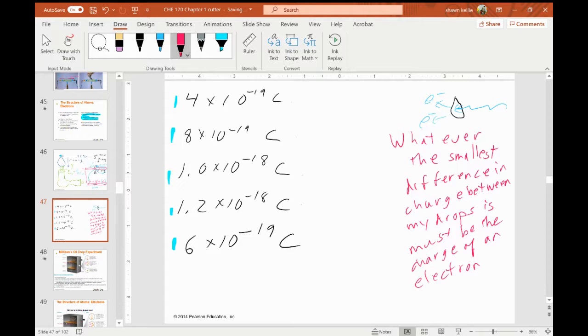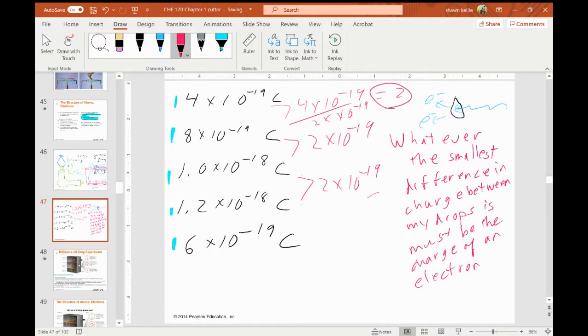So he went through this data set and he said, okay, let's see, 10 minus 8 is 2, so I've got 2 times 10 to the negative 19th there. Ooh, there's another 2 times 10 to the negative 19th. There's a 4 difference, but hey, guess what? 4 is divided by 2 to tell me that I must have had a 2 electron difference between these, right?